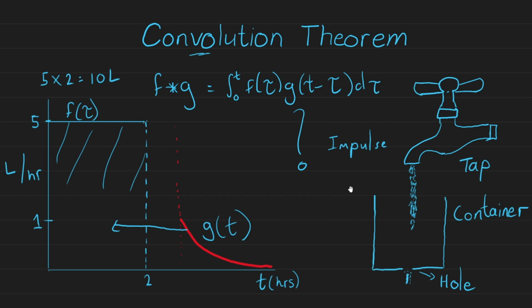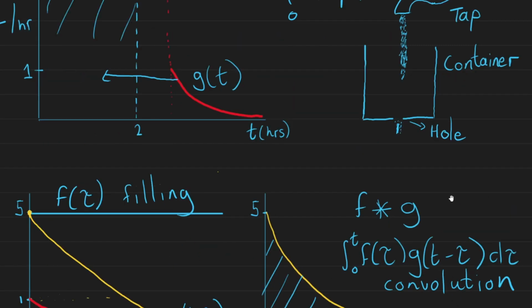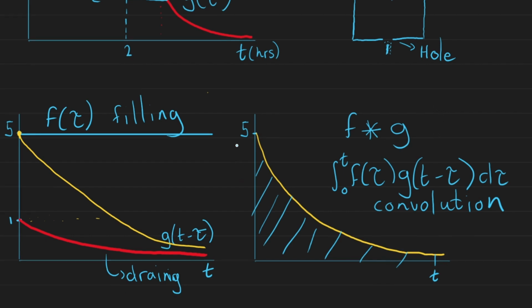In other words, the amount of water that is in this container at any given moment in time. We have to correct the amount of water coming out by the water that is being drained out. And we do that by combining these two curves. And then we actually have to take the area underneath this combined curve to get that water inside this container. And that is actually what convolution is.